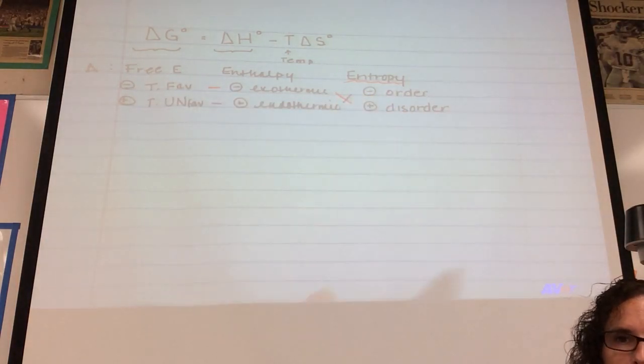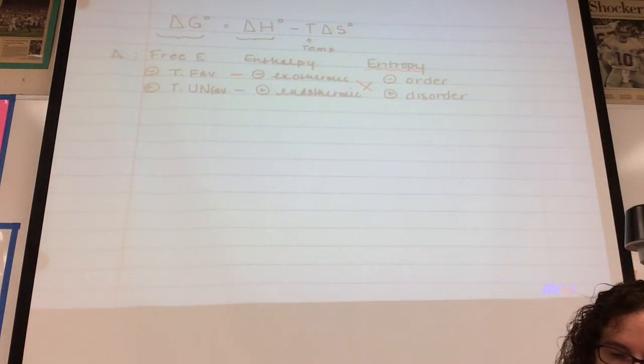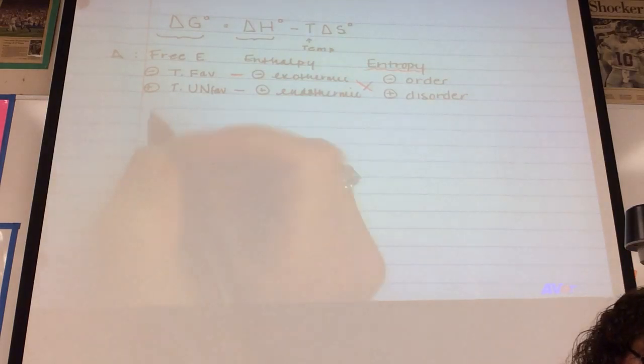We can diagram that out with a simple analysis of this formula, and if you understand algebra, it'll be very simple.